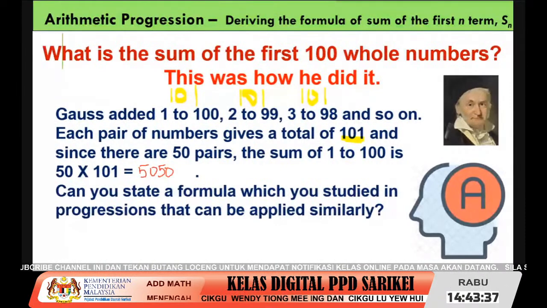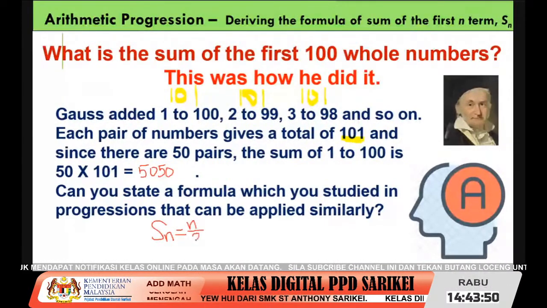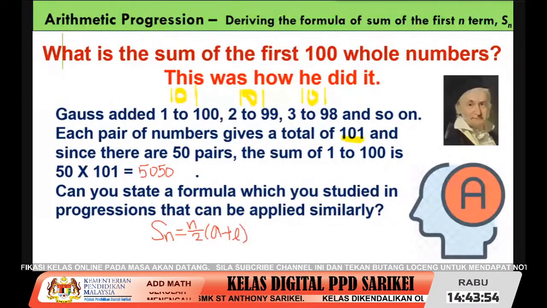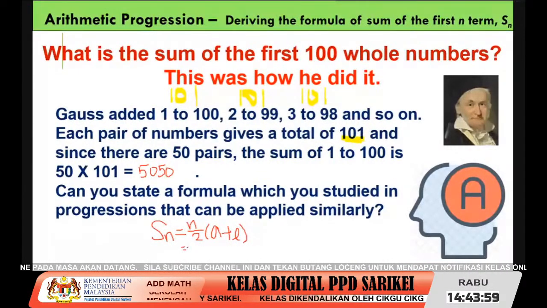The second formula is Sn equal to n over 2 times a plus l. So which one? Yes, the answer is Sn equal to n over 2 times a plus l. Actually, both can, but if we want to solve it almost immediately, we use this one.